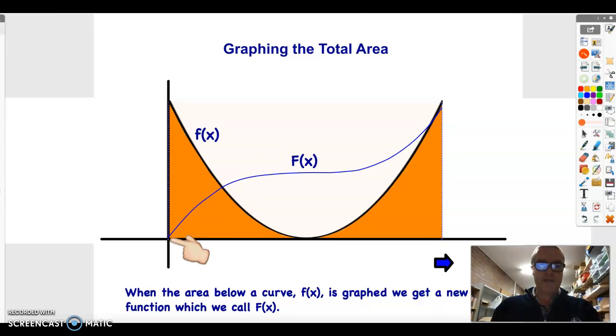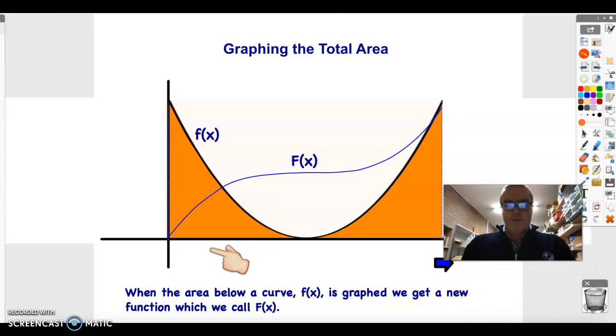Starting at x equals 0, up until any point here, that value represents the area that we've shaded up until that point. So by doing that graph, we've ended up with another function. So when the area below a curve f of x is graphed, we get a new function, and we refer to this function as capital F of x.